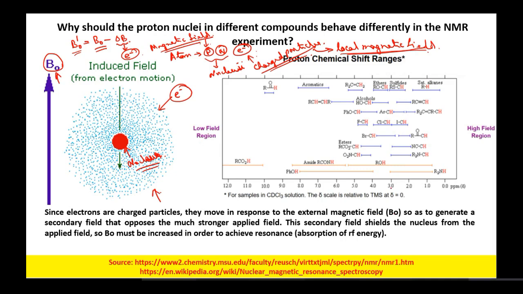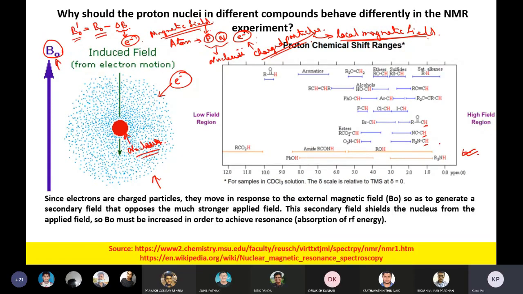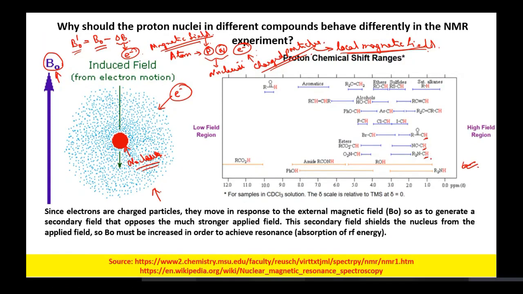This curve, or this graph, shows the NMR spectra of the protons when they are attached to different functional groups. If you see over here, our origin 0 starts on the right hand side, and as we move towards the left, the value increases.